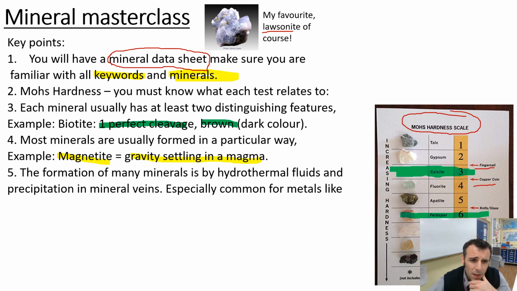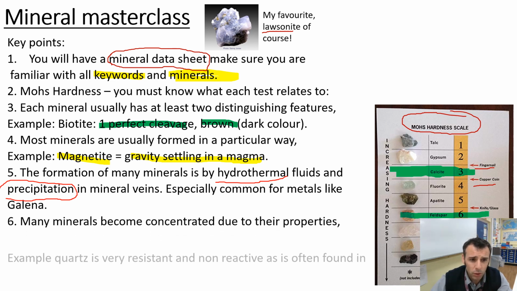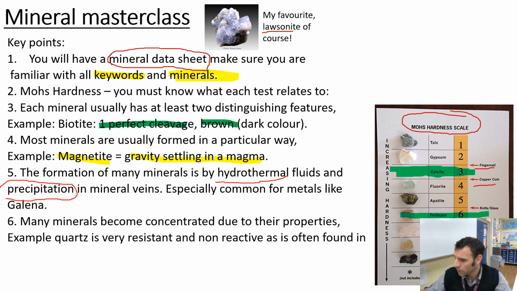So there's some keywords there that you really should be using. This one, precipitation, and the hydrothermal, which of course means hot water. And the metals, of course, are going to be very common. So galena, which is the ore of lead, commonly forms in this sort of environment. So lots of minerals become concentrated due to their properties.